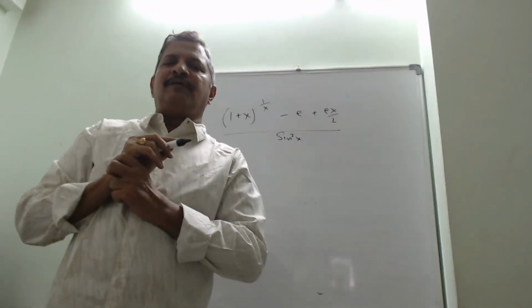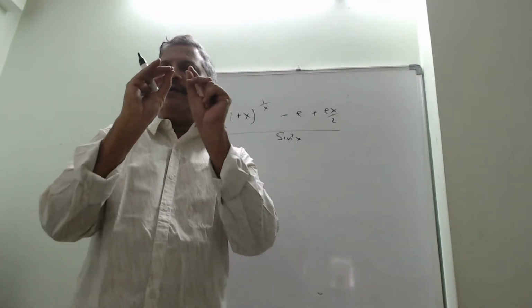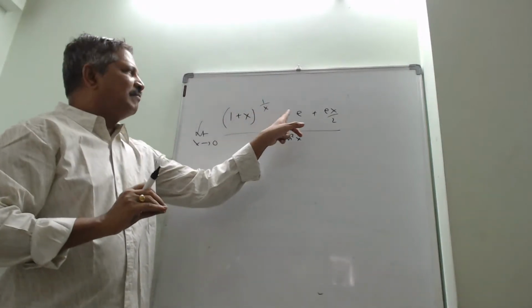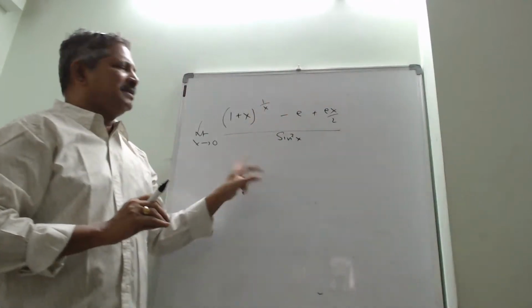Very carefully see what I am writing. Limit x tends to 0, it is 1 plus x power 1 by x minus e plus ex by 2 by sin square x.